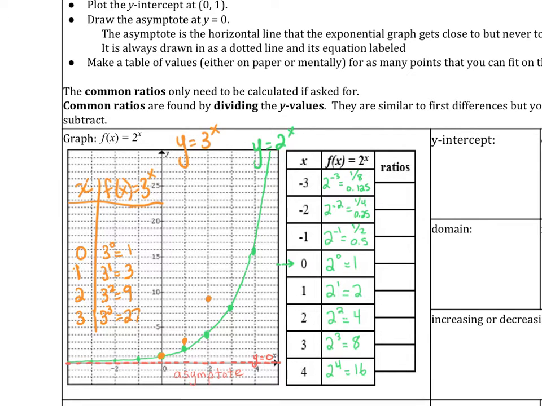There's no point in continuing further. And then you would just do your best to draw a curve through those points.